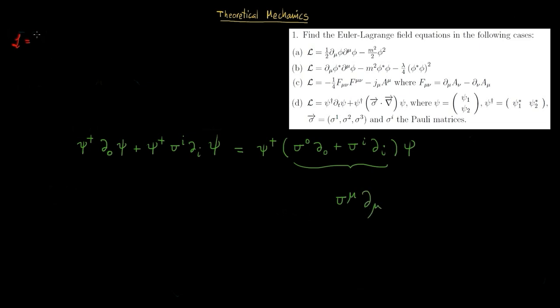So the Lagrangian can be written as psi dagger sigma mu partial mu psi.